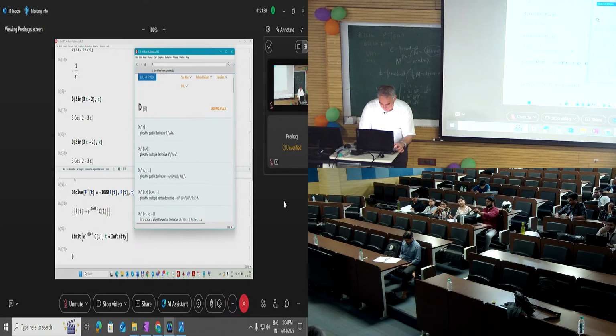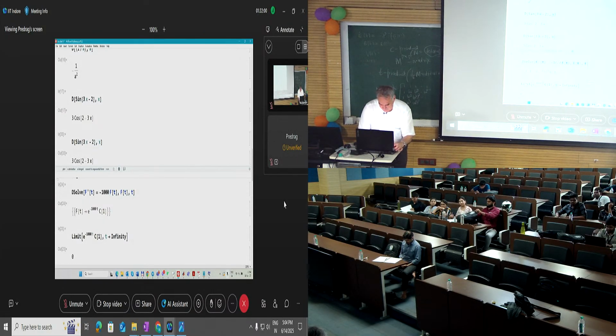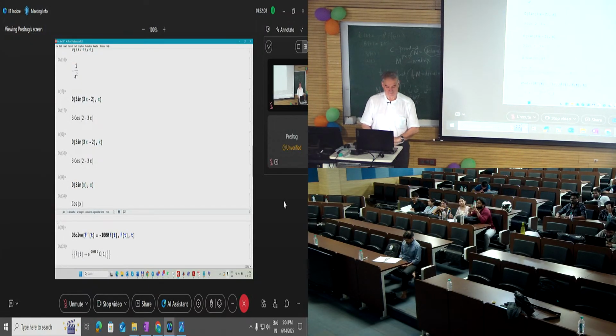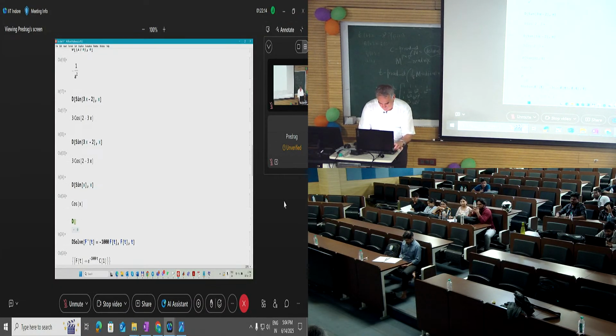D of sine of x with respect to x. D of 3x minus 2 with respect to x.